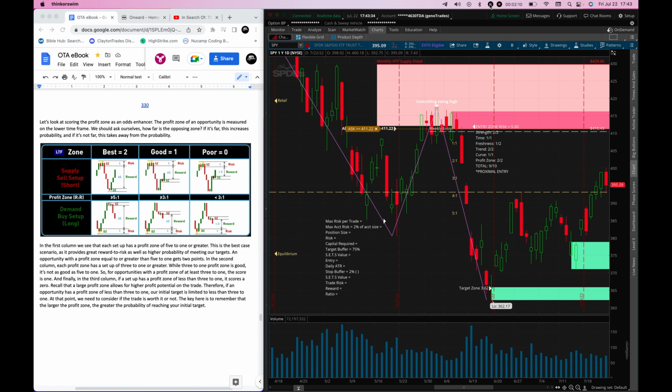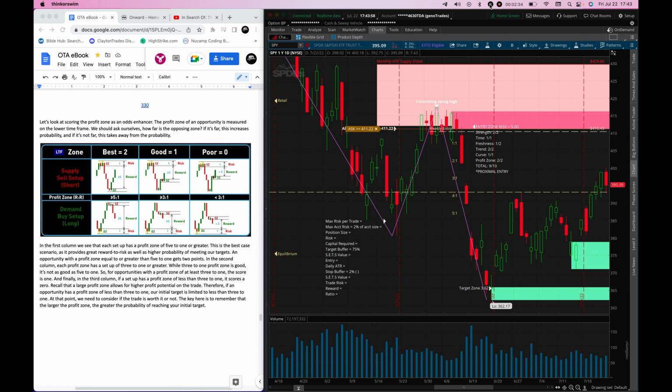In the first column on the left, we see that each setup has a profit zone of 5-to-1 or greater. This is the best case scenario as it provides great reward to risk as well as higher probability of meeting our targets. An opportunity with a profit zone equal to or greater than 5-to-1 gets 2 points.